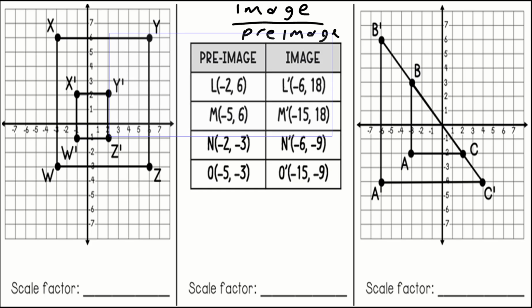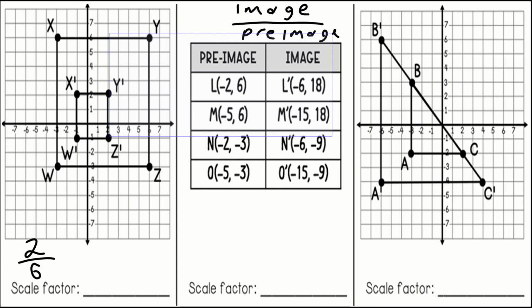So I'm going to use z, since it's right here on the right. Z prime is at 2. Everybody see that? Right at 2. So we're going to put 2 for our image. Z from the pre-image is at 6. So I got 2 over 6.